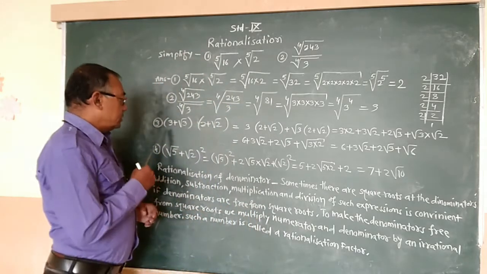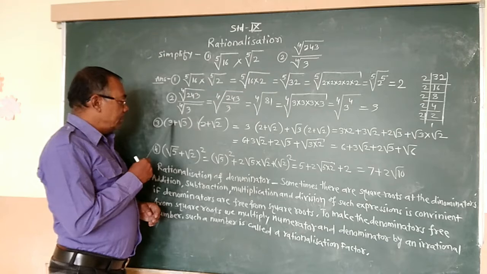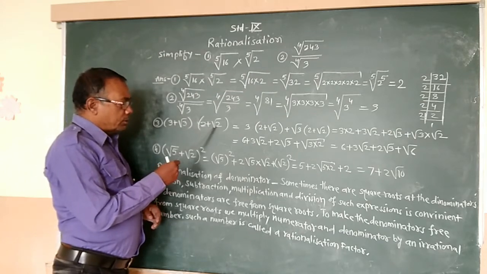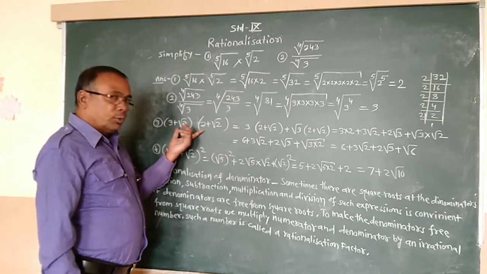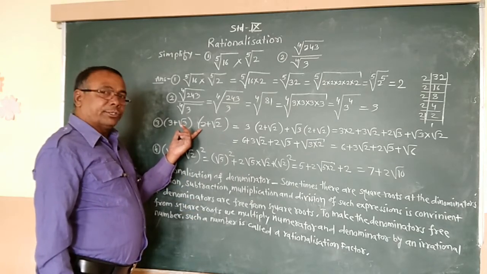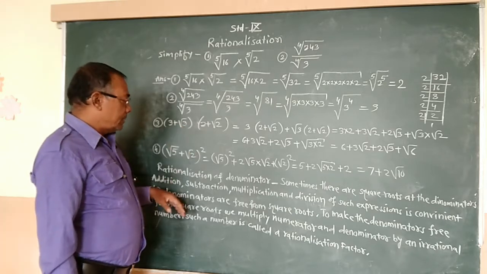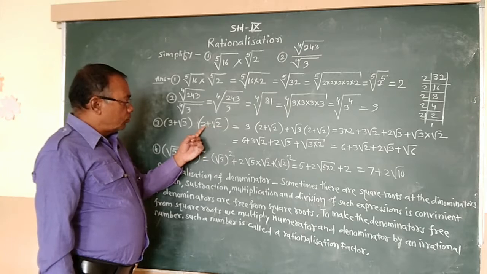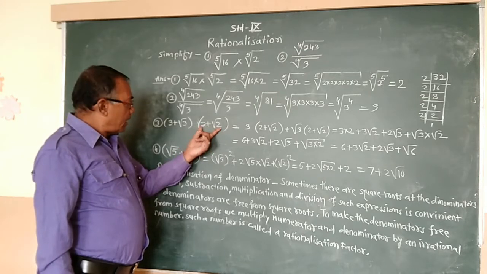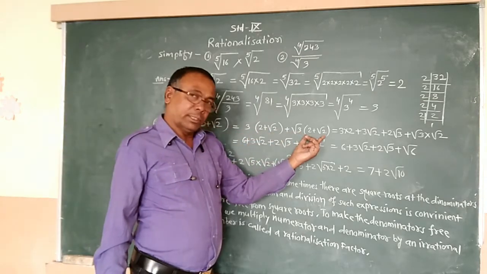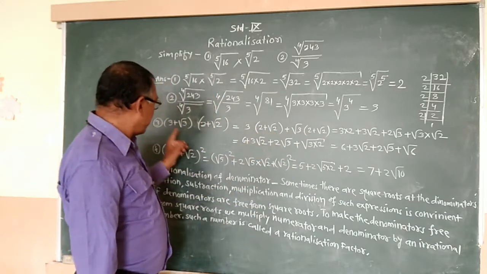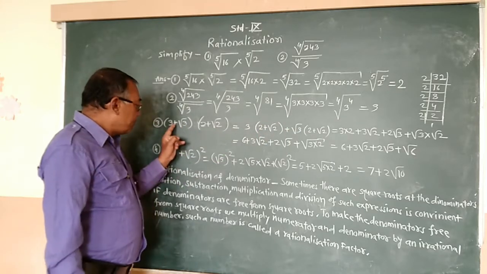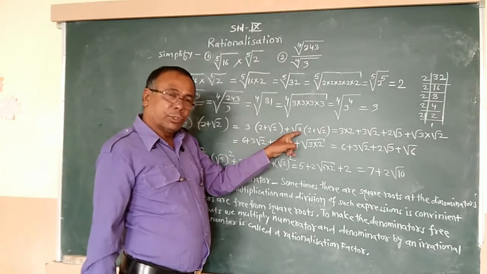Now there is one more example: in the first bracket 3 plus root 2, and in another bracket 2 plus root 3. We know the method of multiplication of two brackets. Here I have written the bracket 2 times, and multiplied the first term 3 by the second bracket, and plus root 2 by the second bracket.